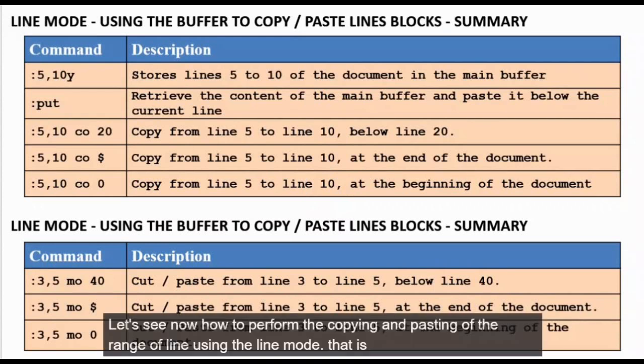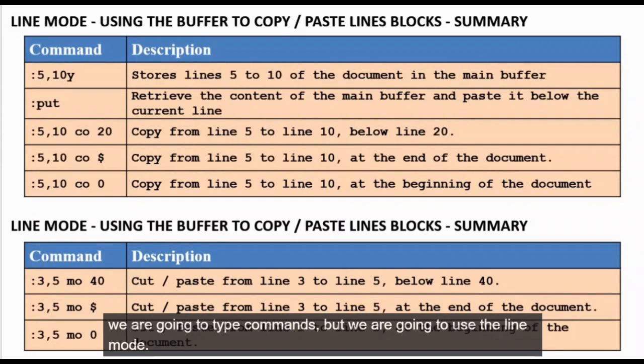Let's see now how to perform the copying and pasting of a range of lines using the line mode. That is, we are going to type commands, but we are going to use the line mode.